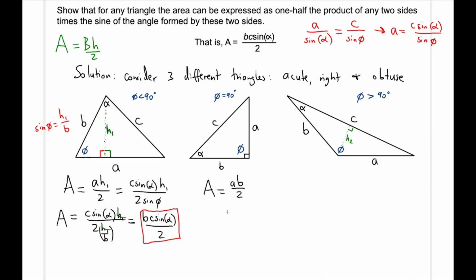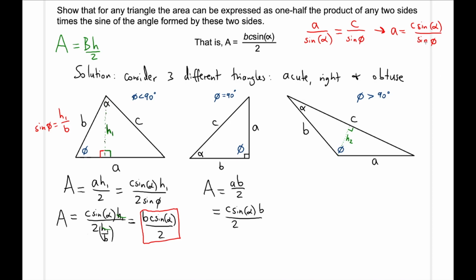Now we need to get to that, but we already have the A value in terms of the C sine alpha, right? So we can just write C sine alpha times B divided by 2.